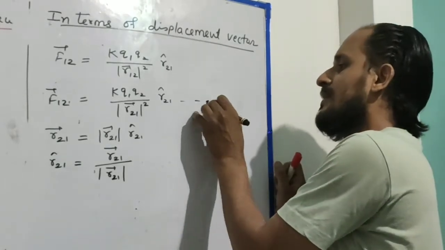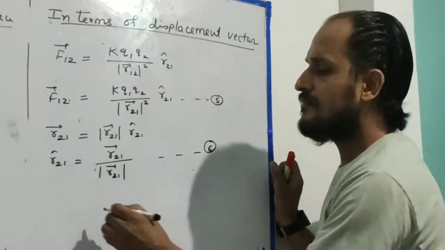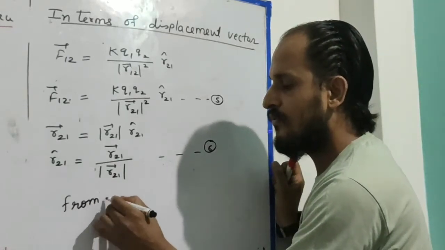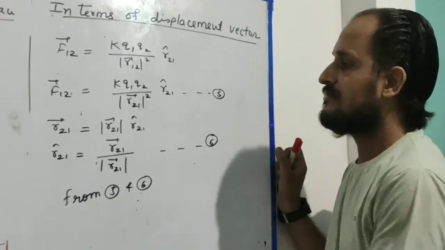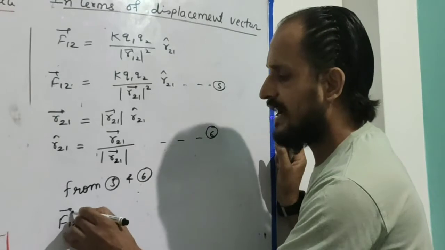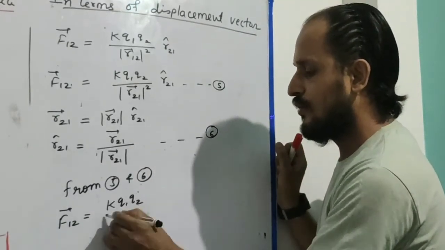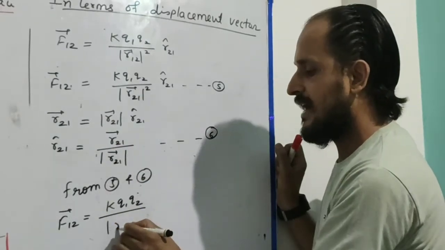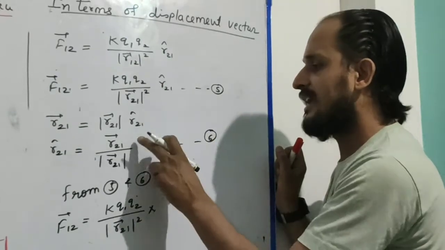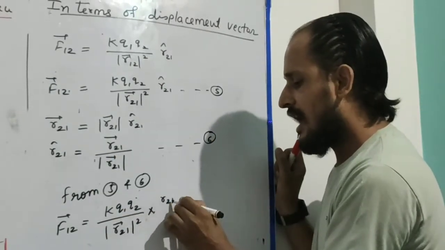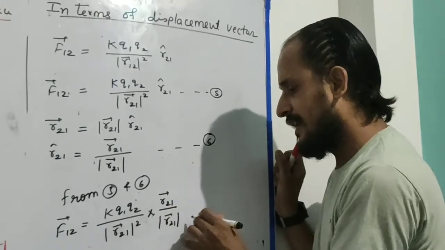This is equation number 5 and this is equation number 6. So from 5 and 6, what can we write down? F12 vector is equal to k q1 q2 upon magnitude of r21 square into, instead of r21 cap, what we can write down? r21 vector divided by r21 magnitude.